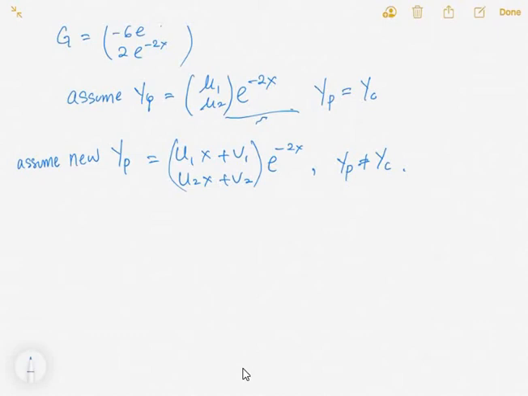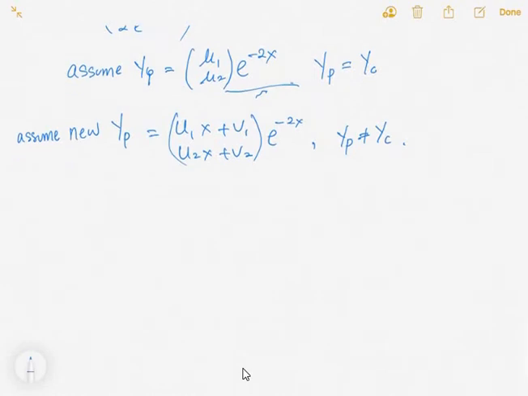Once you get the y_p value, you need to find the y_p prime based on the new y_p. I assume this part is u, and this part is v. So we do the differentiation.